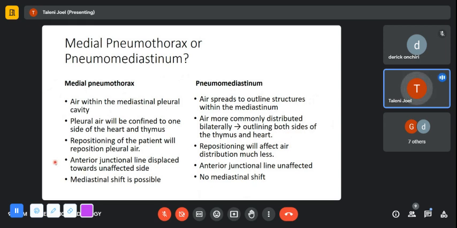Then the anterior junctional line is displaced towards the unaffected side, but that does not happen with the pneumomediastinum. And there's no mediastinal shift with the pneumomediastinum, whereas with the pneumothorax, you can have a mediastinal shift.